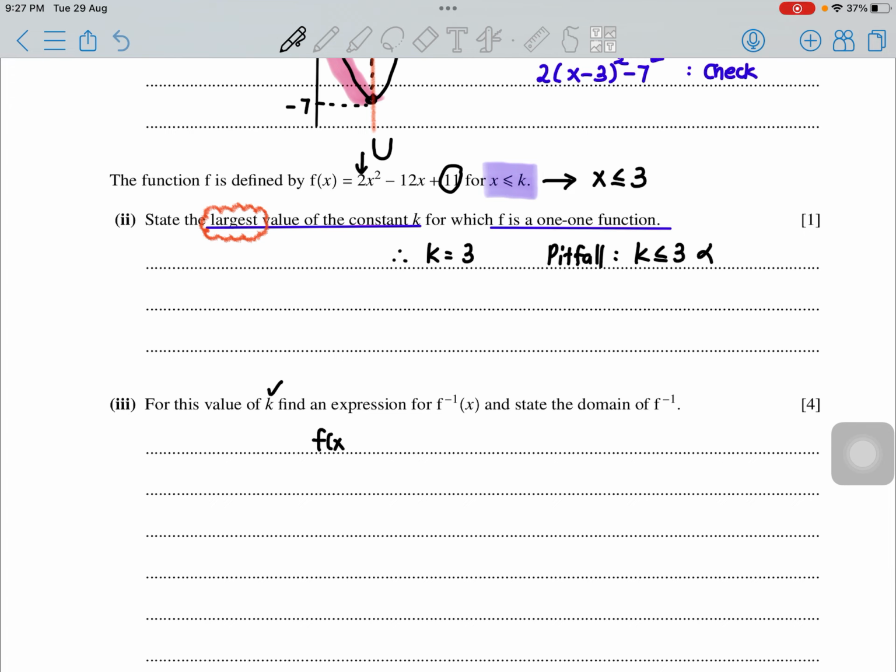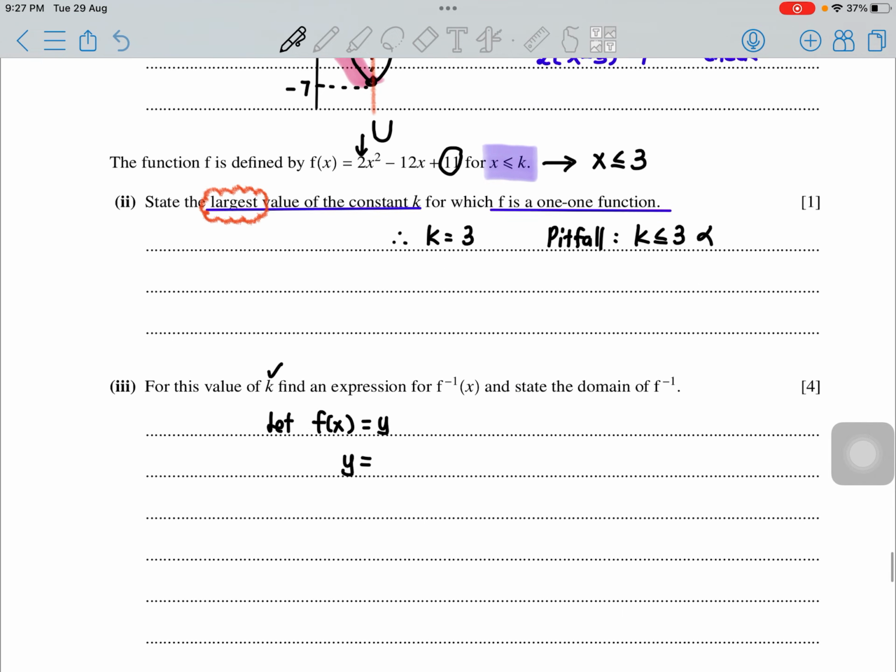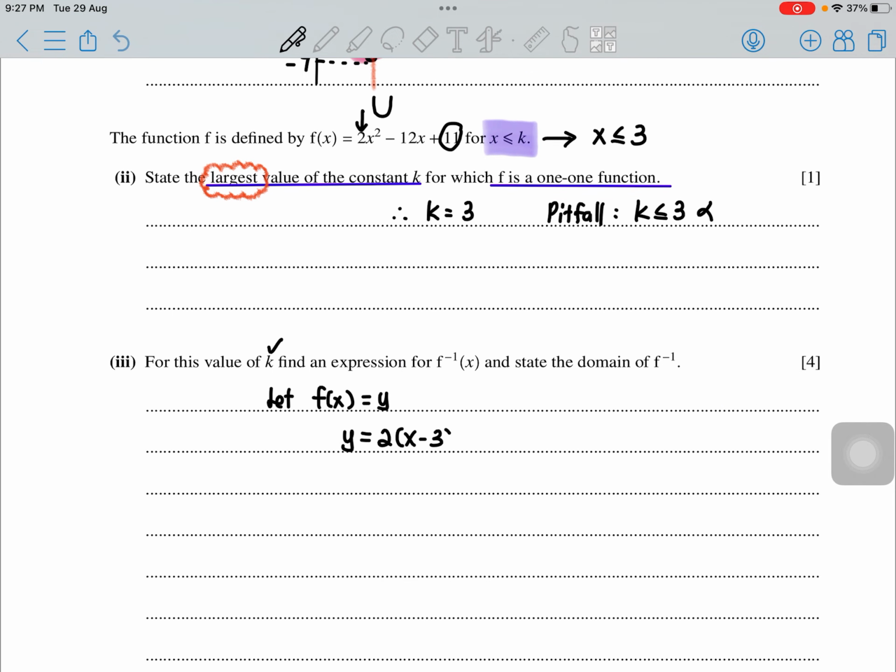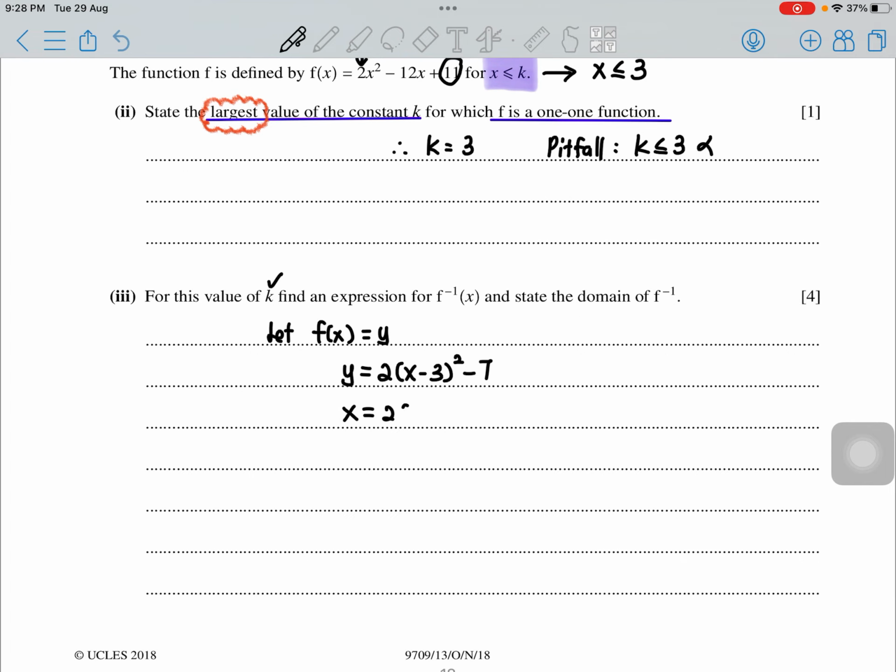So my f(x), I'm going to let my f(x) to be y. What is my y? You take the completed square format: 2(x minus 3) squared minus 7. So what is the idea of finding inverse? We switch the x with the y and y with the x. So we change the variable.